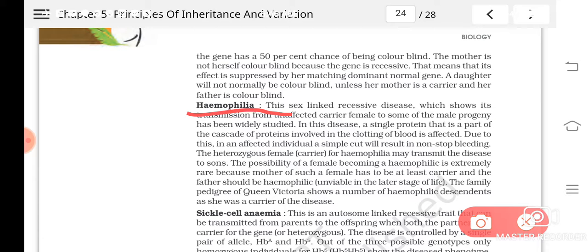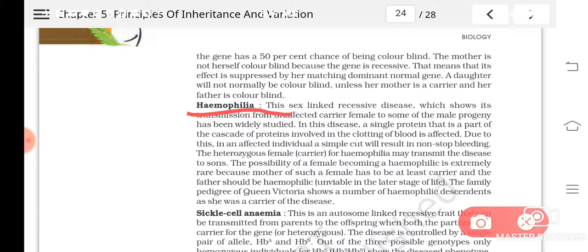You know the blood clotting we studied last year, isn't it? It is a cascade of processes, a series of steps, and a number of proteins are involved in it. In hemophilia, a particular protein that is needed for blood clotting is affected.